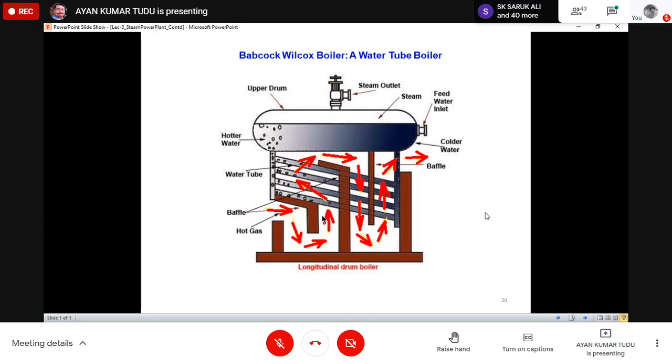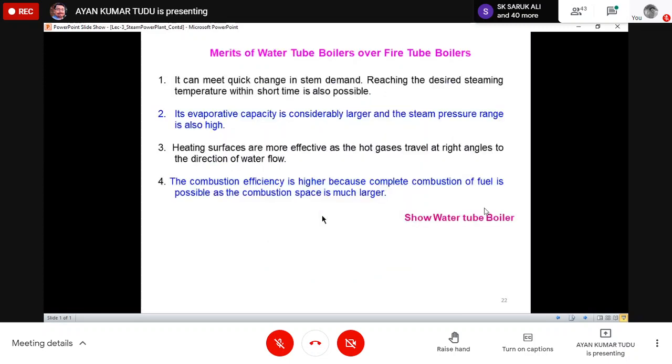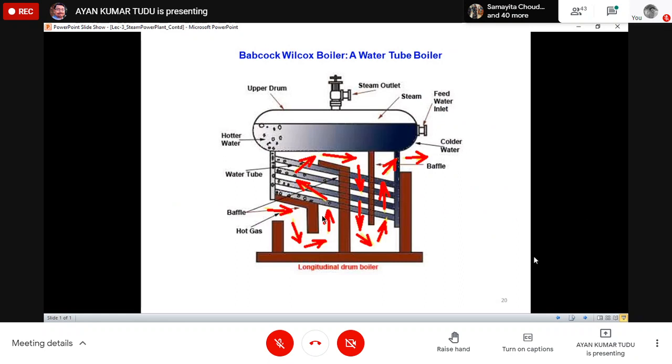Fourth point, the combustion efficiency is higher because complete combustion of fuel is possible as the combustion space is much larger. As you can see from the figure, as the combustion space is much larger, the combustion efficiency will also increase because complete combustion of fuel will be possible.